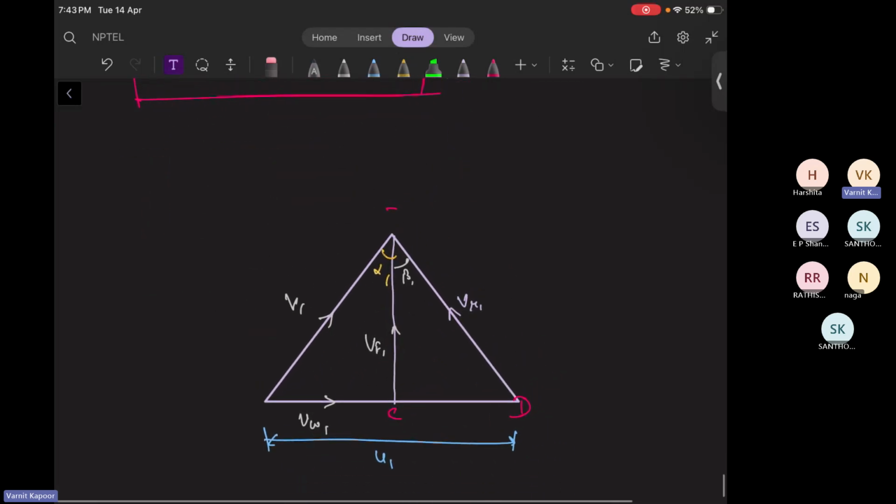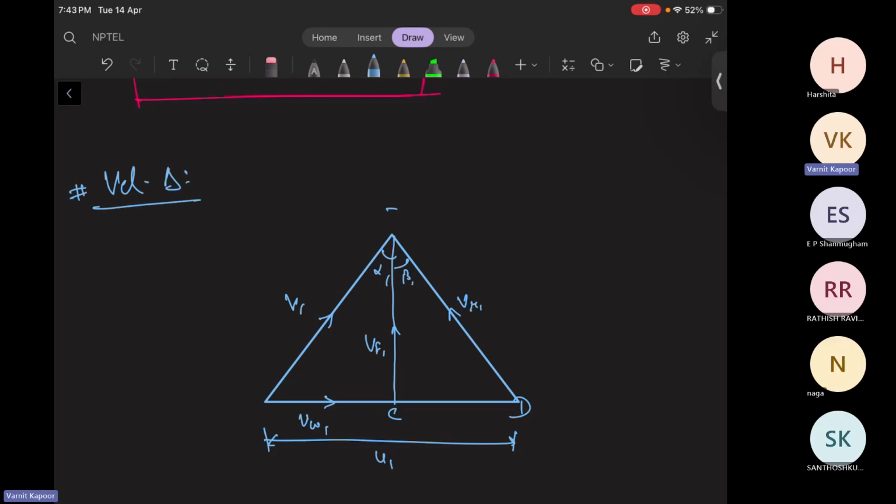Let me write the velocity triangle once again.